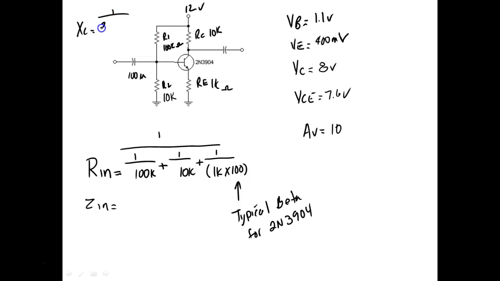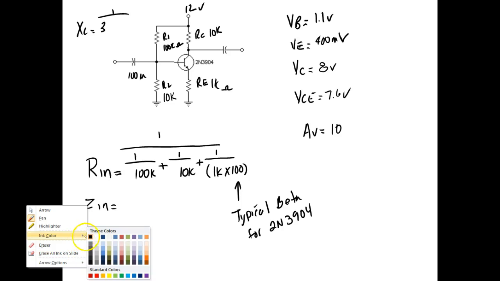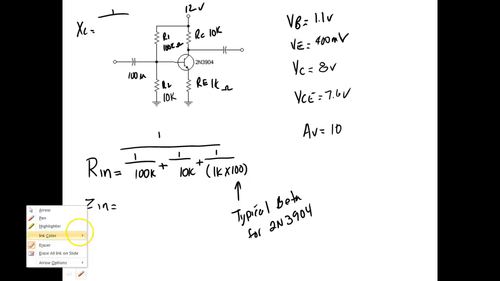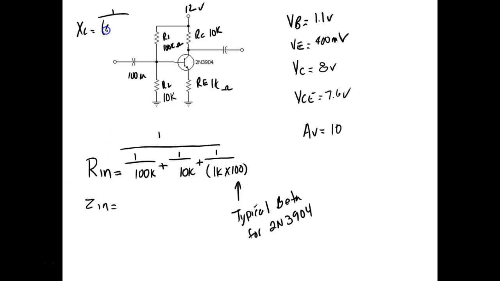That's going to be 2 pi, 6.28 is usually what we use for 2 pi, times the frequency, which is 30 hertz, times 100 microfarads. And then we take the reciprocal of that answer. That would give me the impedance of this guy at 30 hertz.